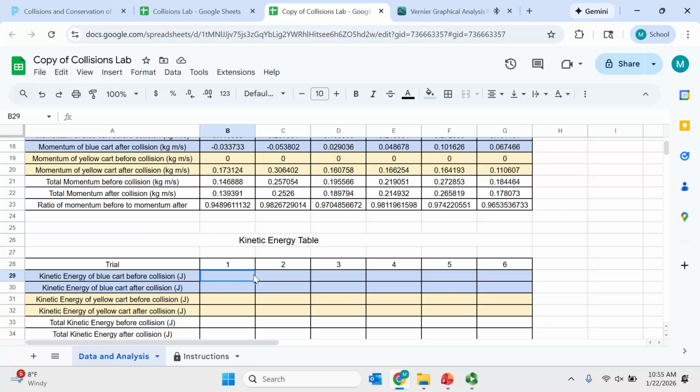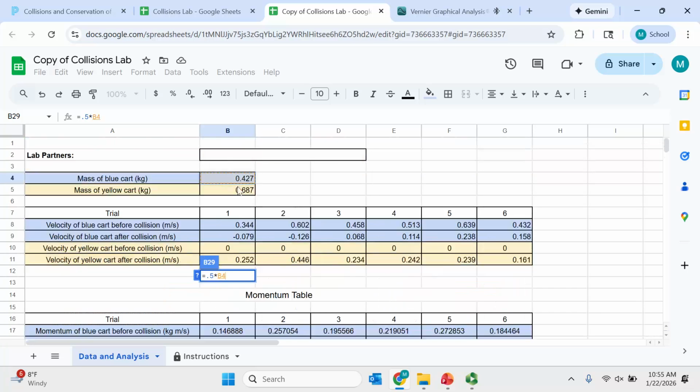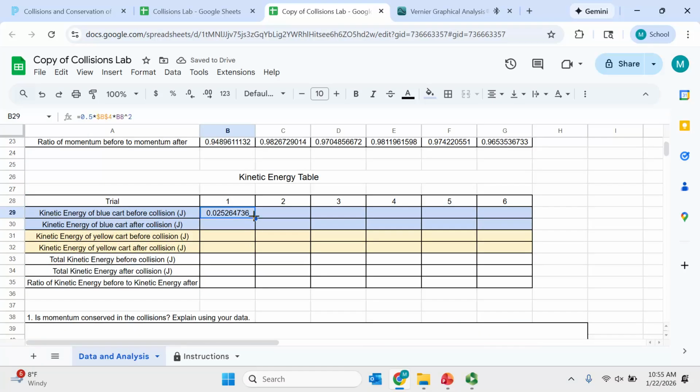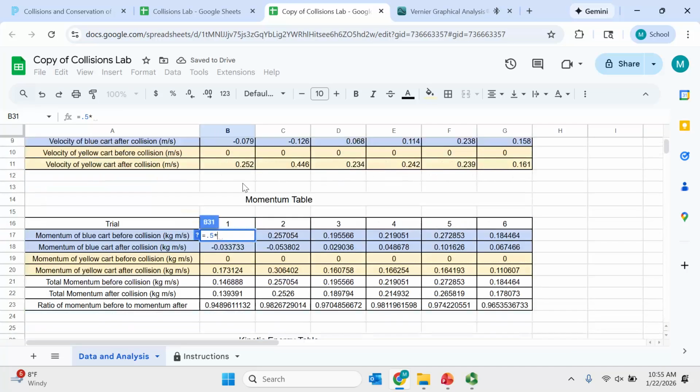Now I'm going to do the same thing for kinetic energy. I'm going to plug in the kinetic energy formula. And kind of like I did with momentum, I always want to pick the mass, the blue one for all the blue ones, times V squared. I don't want it to fill all the way down because I want to change this one to be the mass of the yellow one.